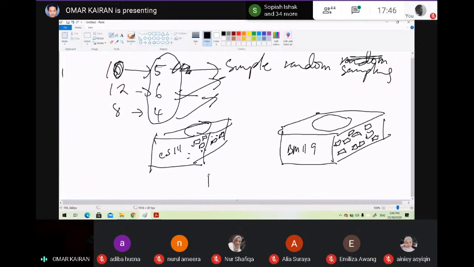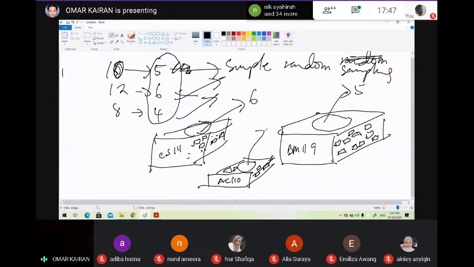And then AC110 ada 8, so kita ada 8 nombor dalam tu to be selected. So buat by random, buat lucky draw. Dapatkan untuk CS 6, for BM 5, dan ini 4. So itu simple random sampling.